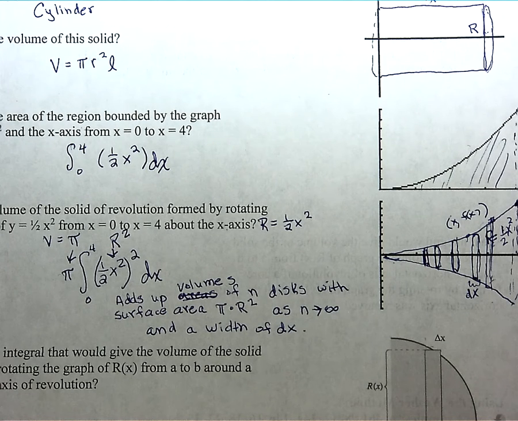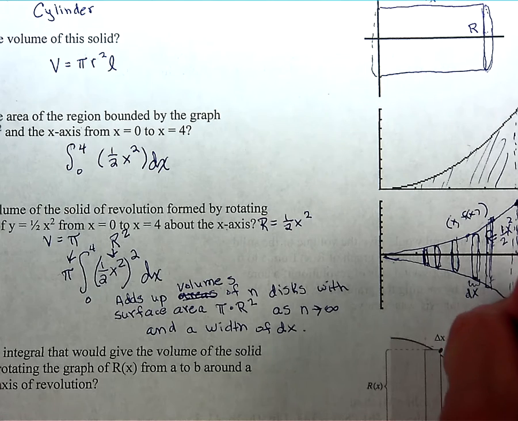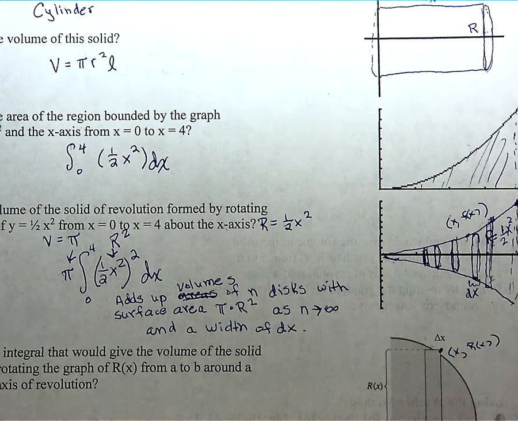Let's generalize it. In general, if we had some function r of x, every point on that curve is an x and an r of x. We're going to imagine infinitely many rectangles.